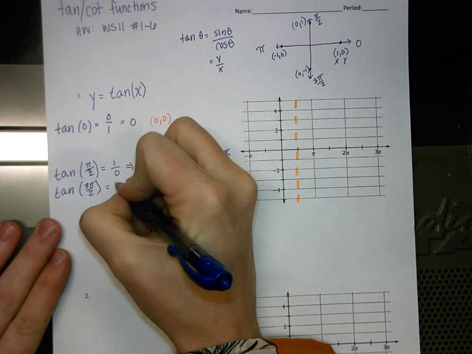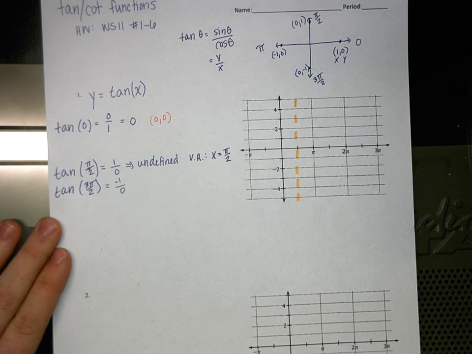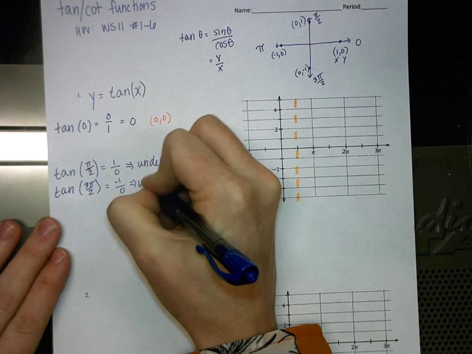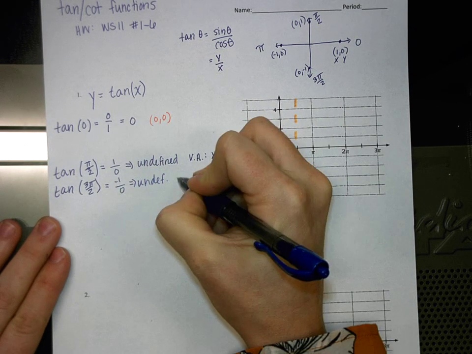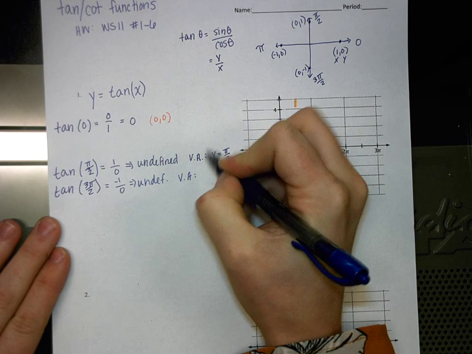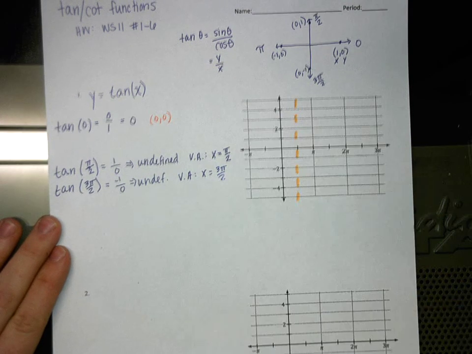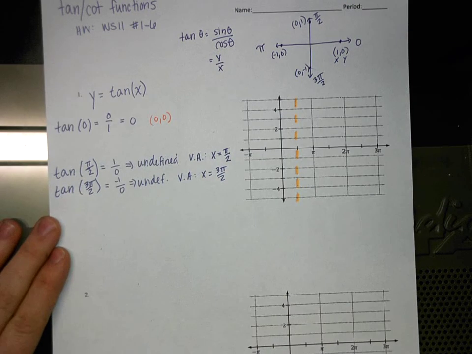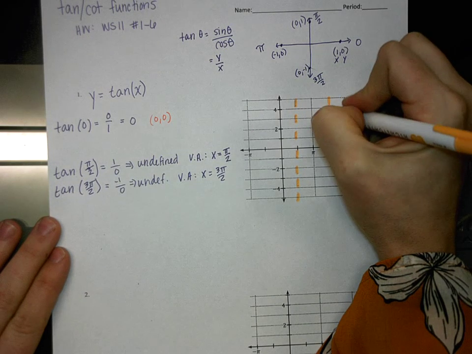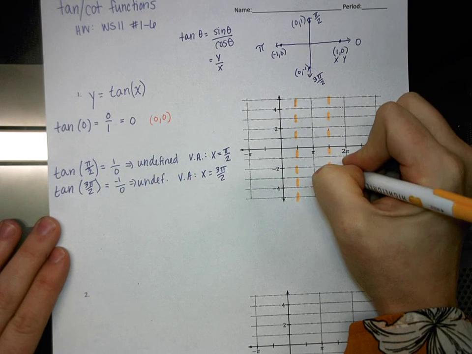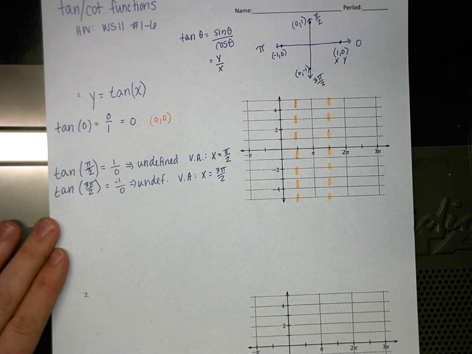I just want to make sure we notice what our vertical asymptotes are. And I'm going to plot that vertical asymptote as well. And this is going to repeat.